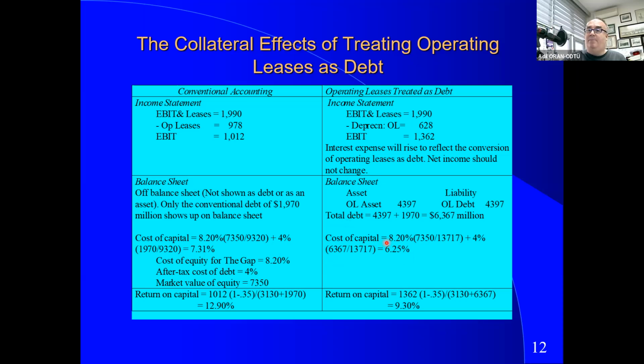Because you're using more cheaper debt compared to more expensive equity, the cost of capital seems to have gone down to 6.25%. And the return on capital is also coming down. So it affects different sides of the equation, but all of this is going to have a pretty big effect on your valuation of the company.